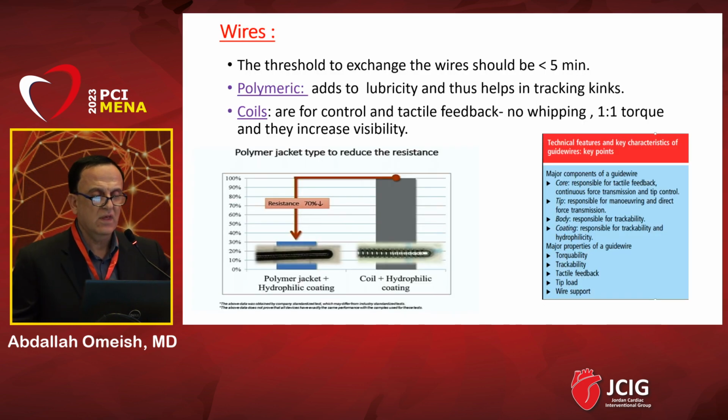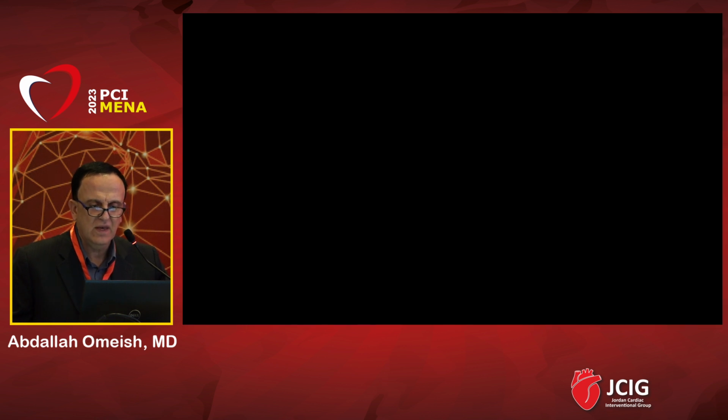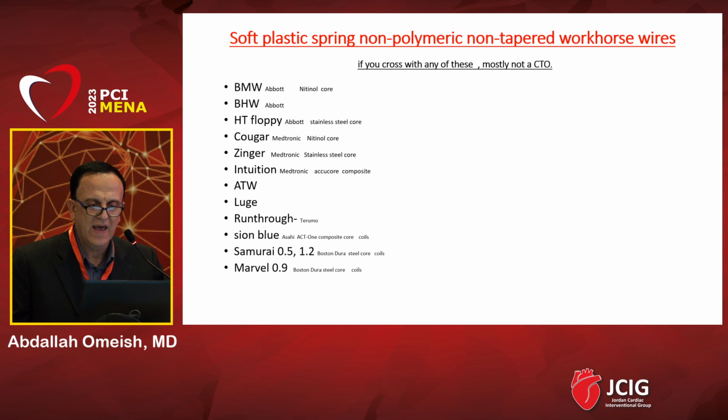Regarding the wires, the threshold to exchange the wire should be less than 5 minutes. You should not stay trying with one wire for 15 minutes or 30 minutes. You should always exchange and try another wire. Polymeric coating adds to the lubricity, and its main use is tracking.